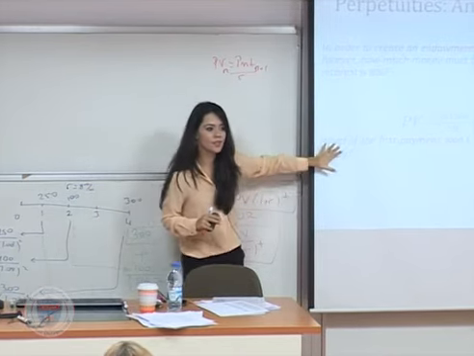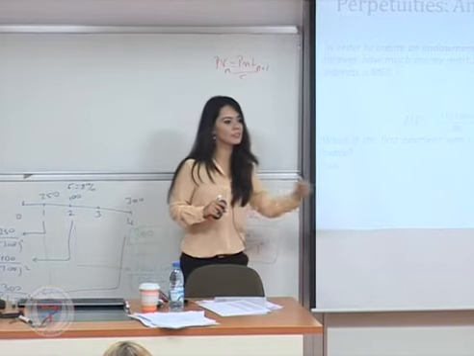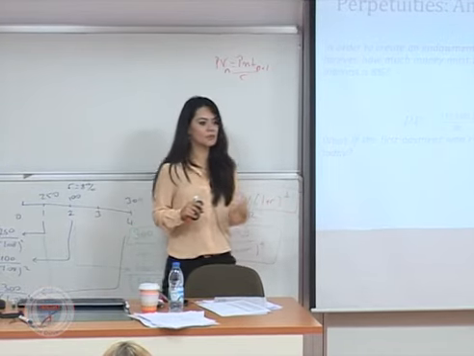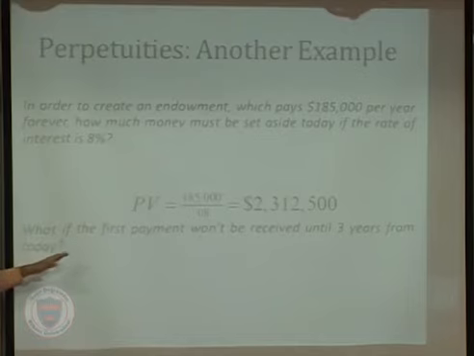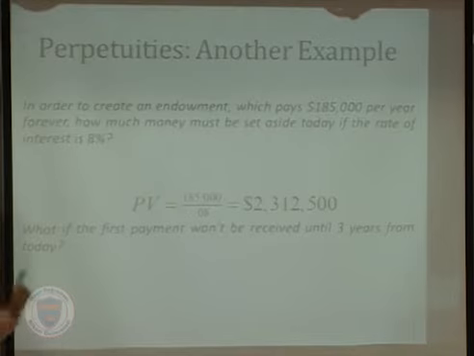This is kind of a tricky thing. Now we will have delayed payments, delayed cash flow. So what if, the question is the same, what is the value of an endowment today which will pay you $185,000 every year, but you're going to get the first money, $185,000, at year 3.